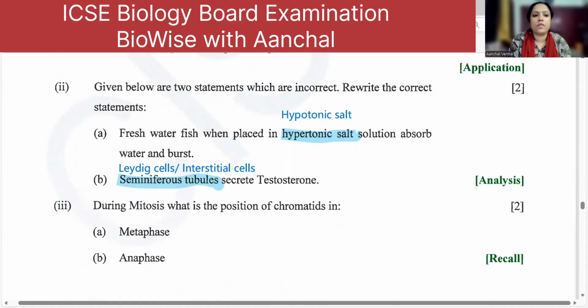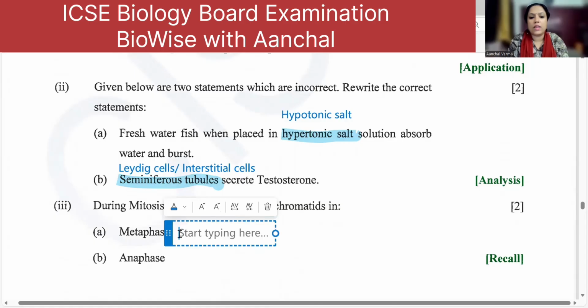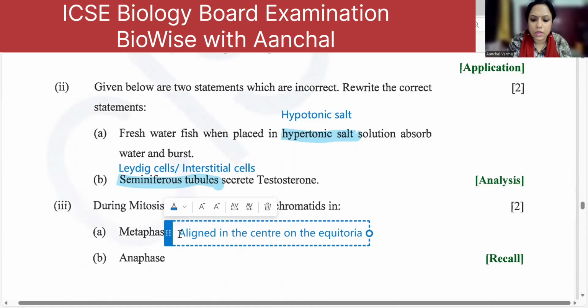During mitosis, what is the position of the chromatids? During metaphase, they are aligned in the center, on the equatorial plane, or you can say the metaphase plate, whatever you can call it.